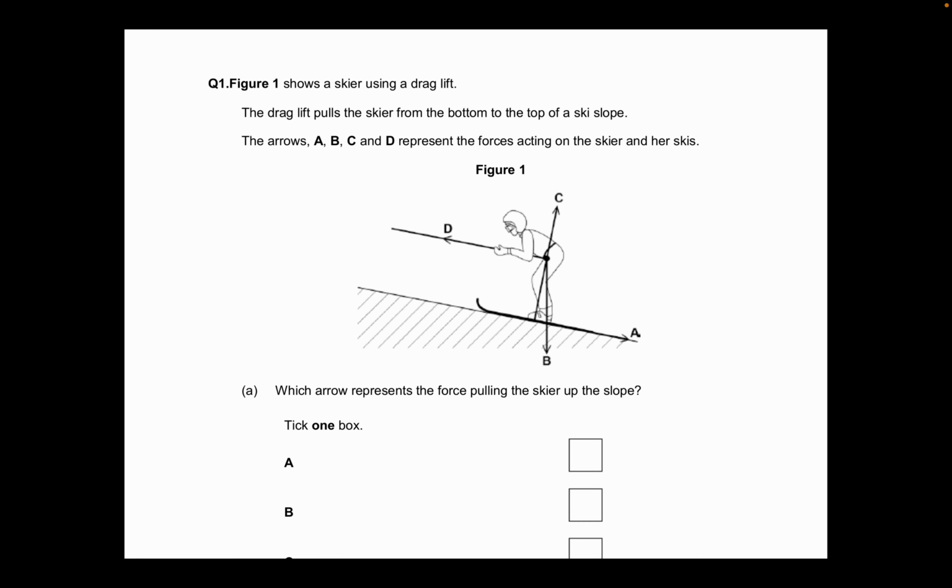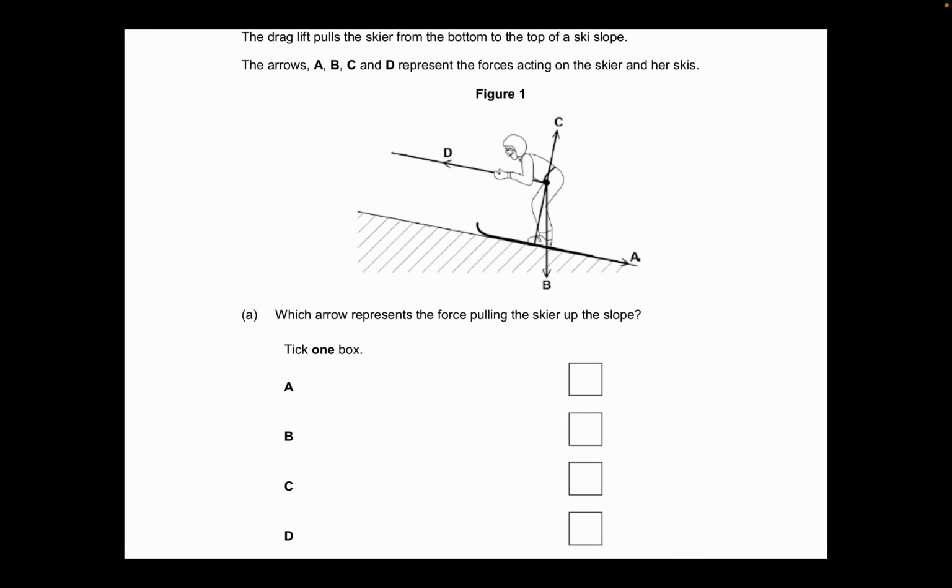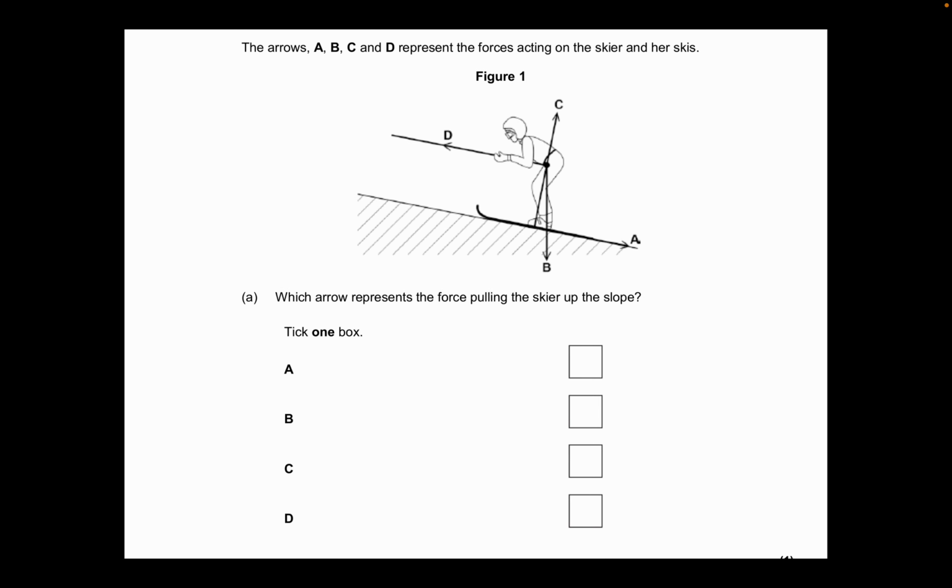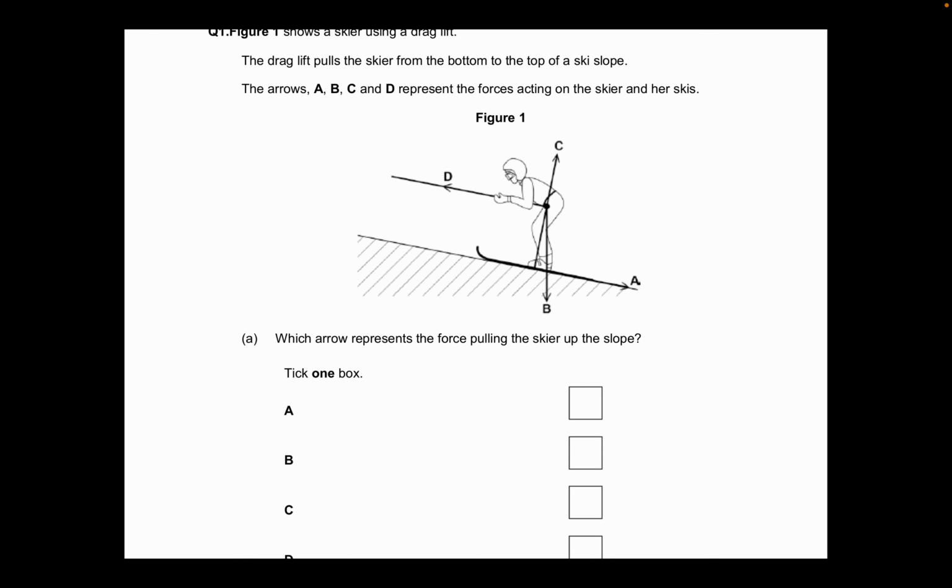The question is asking which arrow represents a force pulling the skier up the slope, and tick one box. So what you have to do is read the question carefully and look at the force which is pulling the skier up the slope.